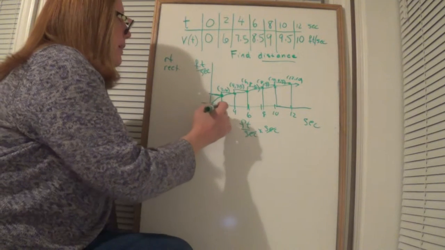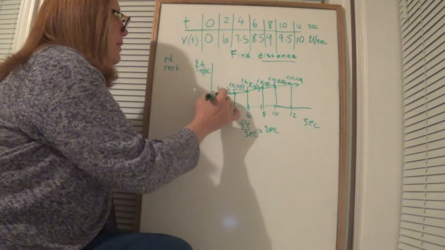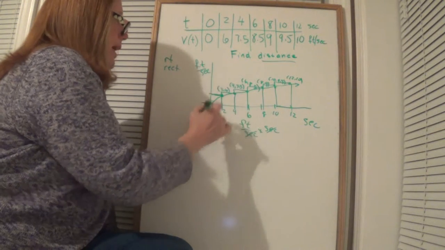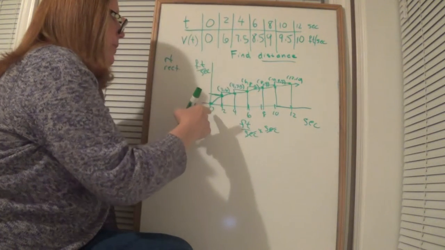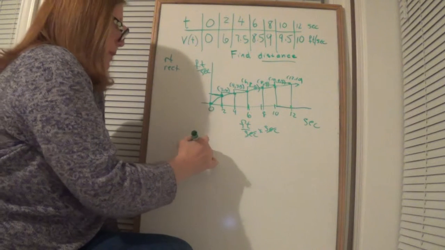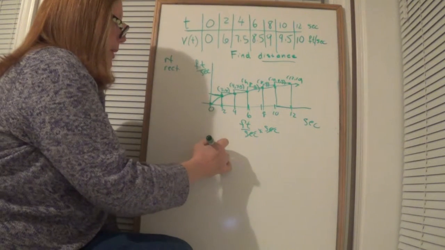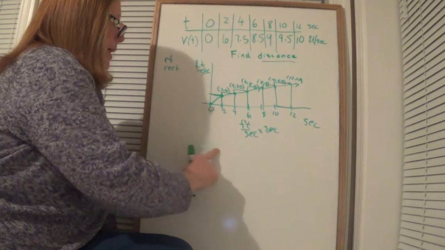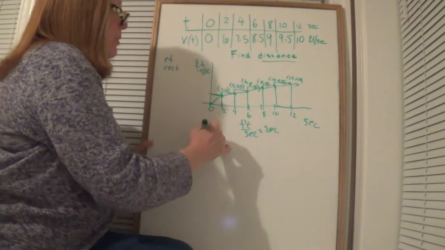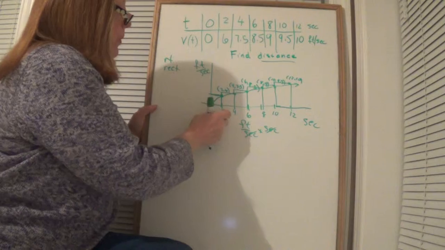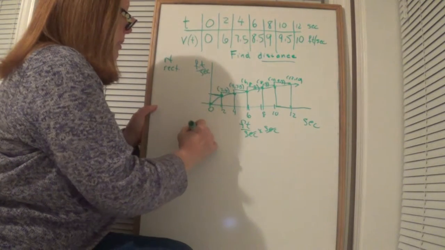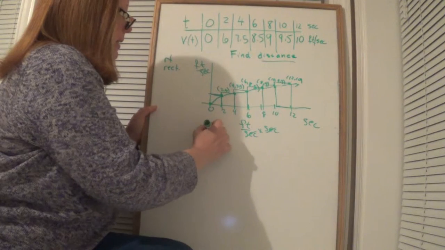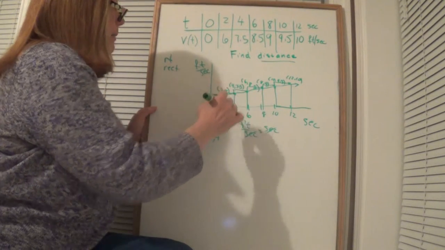We know at 2 that the function had a value of 6. We know 0, 0, that's just going to be a 0. This is a right box, I'm sorry, so at 2 seconds, we know the width of each of our boxes is 2, and the height of the first one is 6. So I took care of that box.